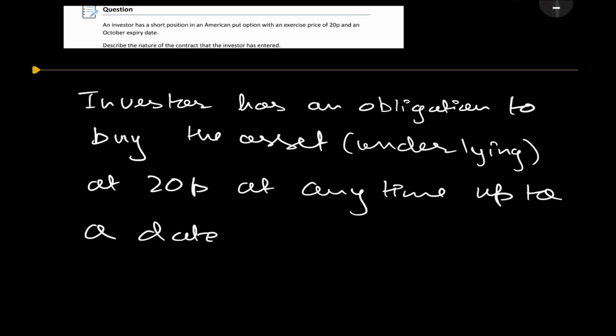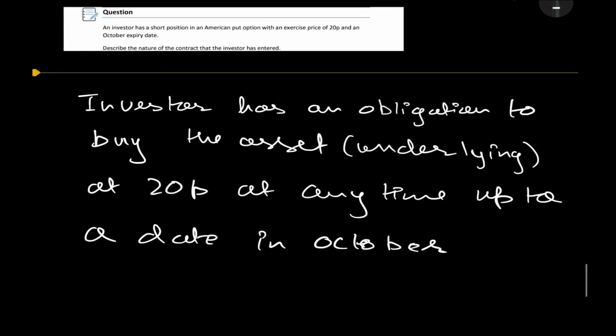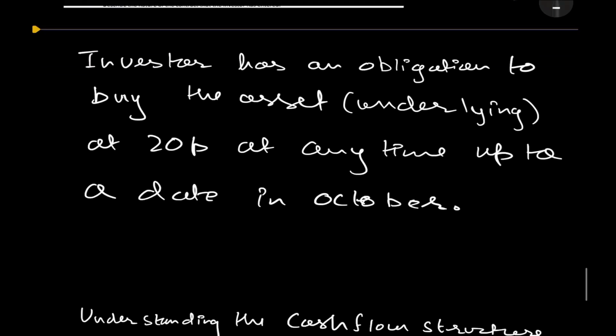You can assume 31st October, but since they haven't said anything, so up to a date in October. Okay. So that's the deal. And basically, this investor would have received a premium in exchange of this obligation, right? So, yeah, they've undertaken an obligation. So, obligation to buy, that is, they have given someone else the right to sell. So, they would have received some premium, right? So, that's the idea of this.